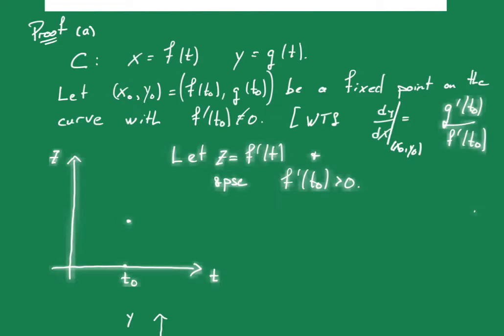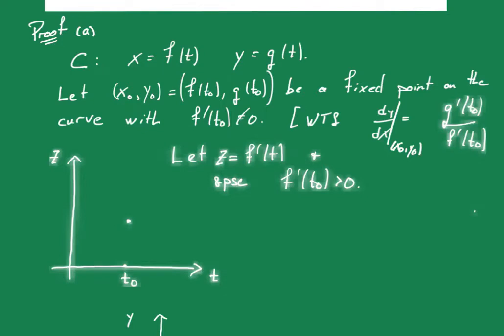All right, so to begin, I'm not going to write all the details here. There are more details that you can find in handout 16. We're going to let z equal this derivative function of f. So x is f of t, and I'm letting z equal the derivative function, that's f prime of t. Now, because f prime of t naught is not 0, either f prime of t naught is bigger than 0 or it's less than 0.